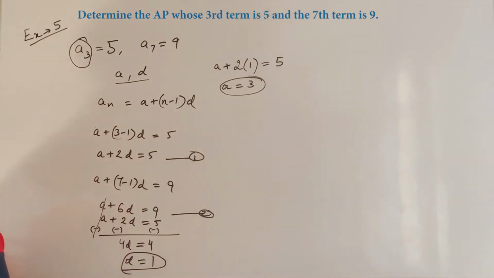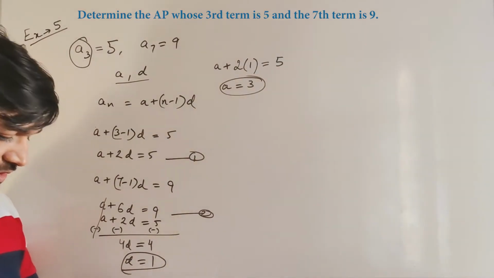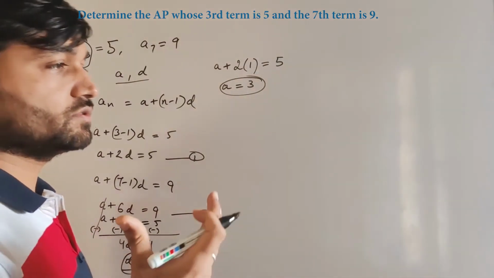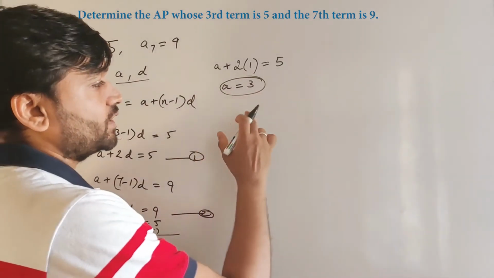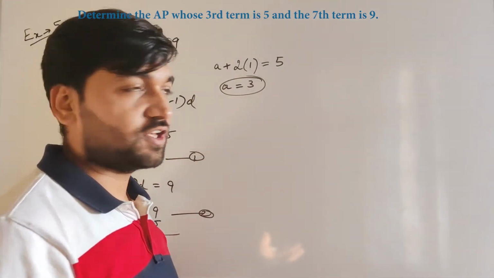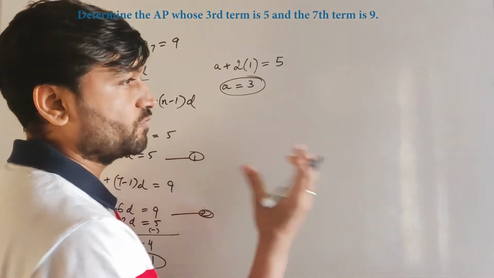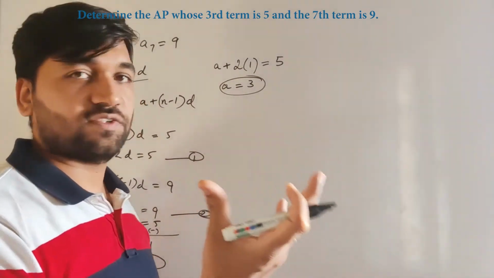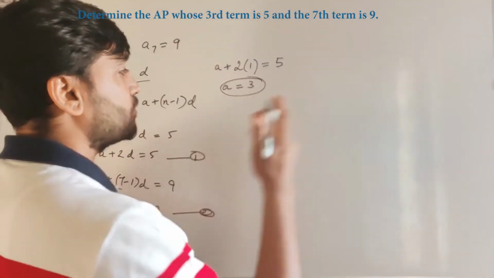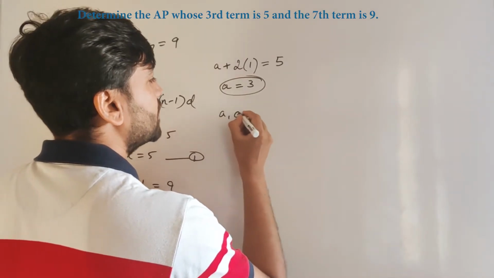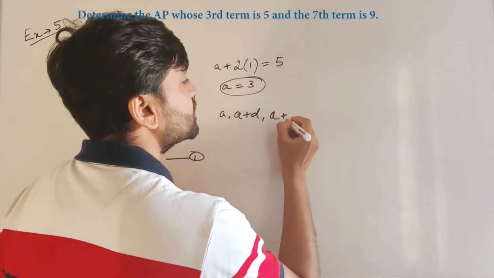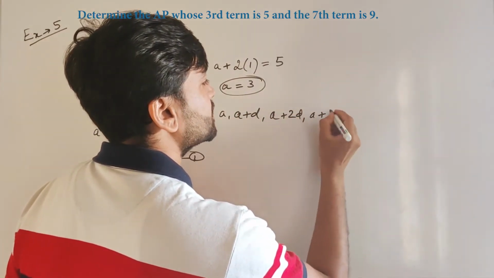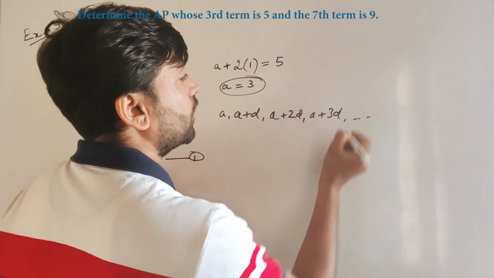So what is the AP here? They're asking to write down the AP. So when they ask you to write down the AP, you're supposed to write down the first 4 terms of the AP. And if you remember, we had learned in the basic concepts of exercise 5.1, the general term of an AP is written in the form A, A plus D, A plus 2D, A plus 3D, and so on.